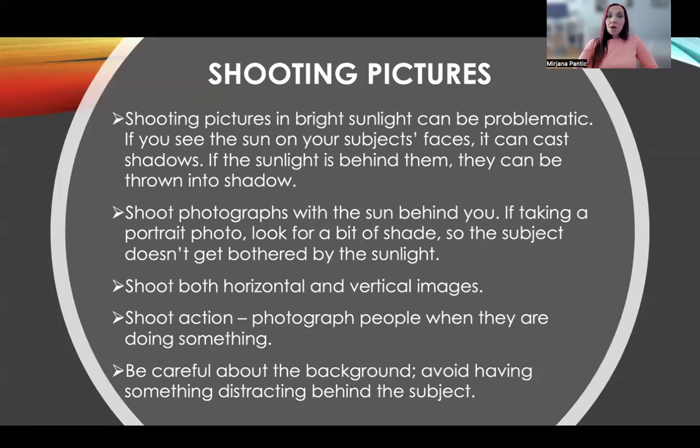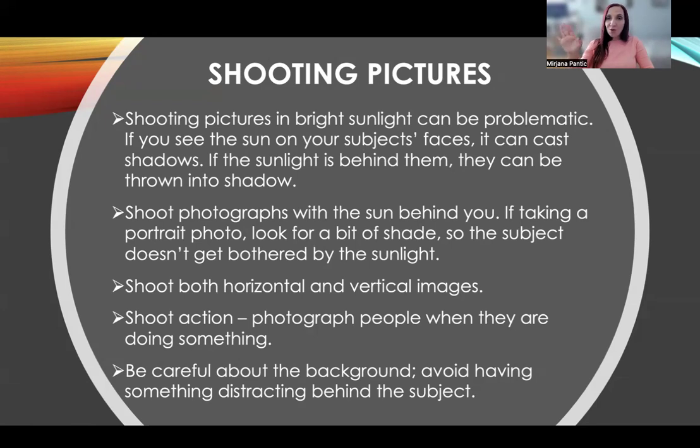First of all, remember that shooting pictures in bright sunlight can be very problematic. You have experienced this before. You take a picture and then you don't see that person in the picture because it's too dark. Well, if you see the sun on your subject's face, it can cast shadows. If the sunlight is behind them, they can be thrown into shadows.